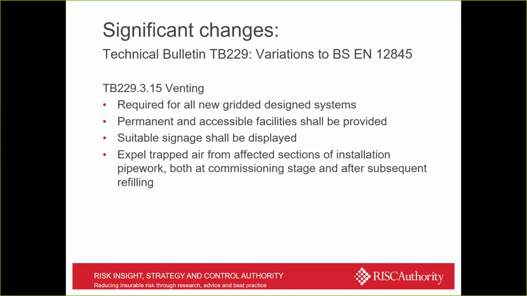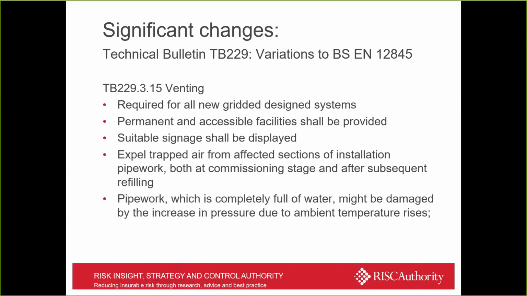Once you've expelled the trapped air from sections of installation pipe work, you lose that sort of shock absorber benefit of having air in your system. Obviously, water won't compress. So if you've got changes in ambient temperature, for example, that could increase the pressure quite significantly in the system when you've expelled all the air from the system. So there could be a risk of damage.